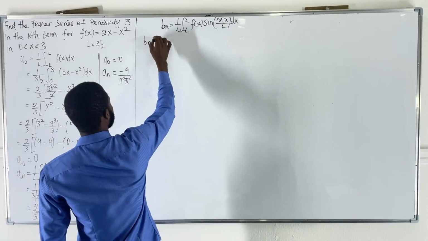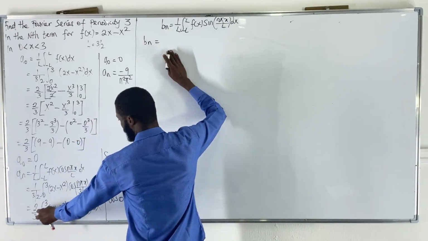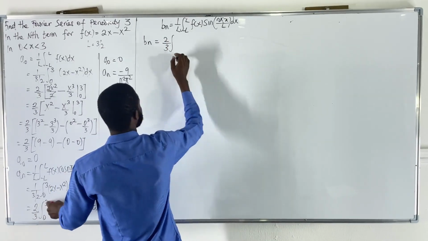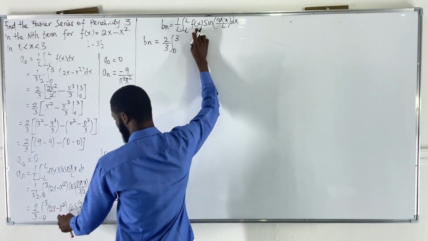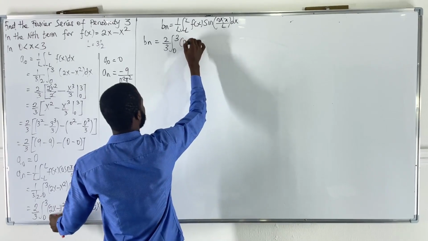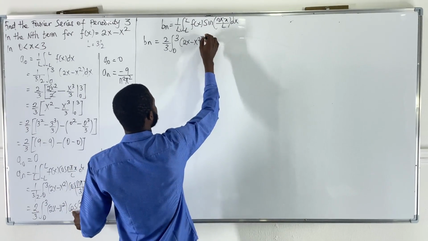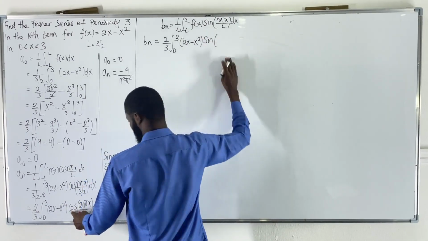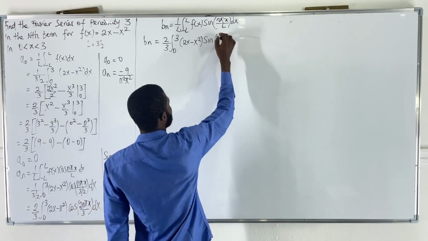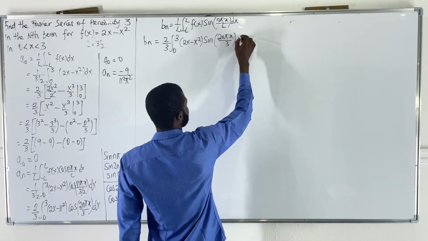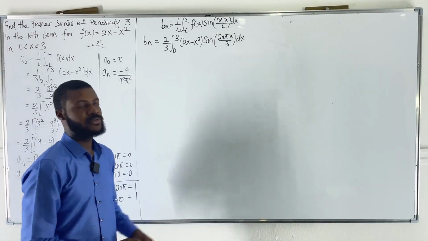So b sub n will become 2 over 3, integral from 0 to 3, f of x is 2x minus x squared, then this is cosine, but here we're dealing with b sub n, so this is sine, 2n pi x all over 3 dx. So we can just skip some steps.